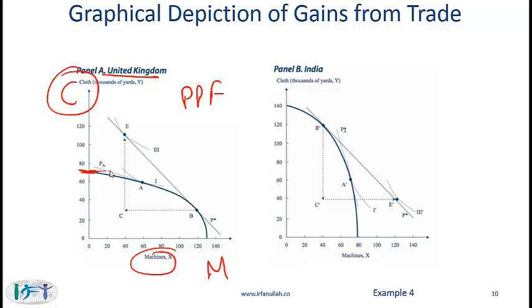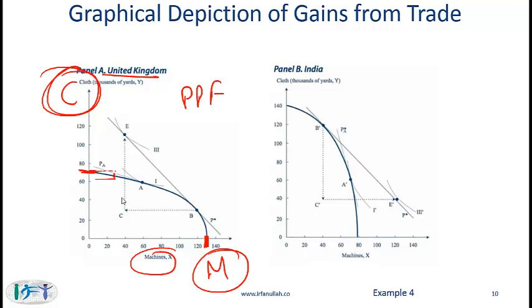As the UK gives up the production of clothes, it will start producing some machines, and as we keep going to the right, the production of clothes goes down and the production of machines goes up. Notice over here, if all the energy goes in the production of machines, then the UK can produce this many machines and no clothes. So this is a production possibilities frontier which is showing the trade-off between clothes and machines.